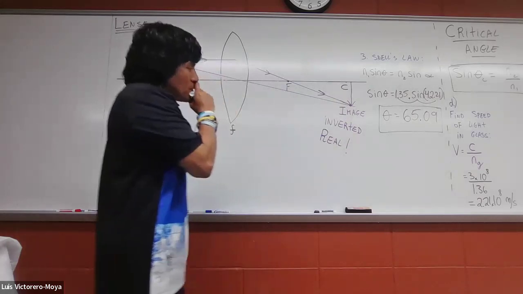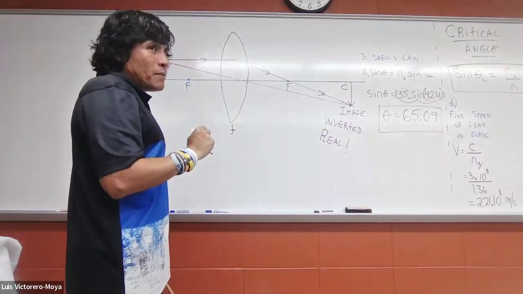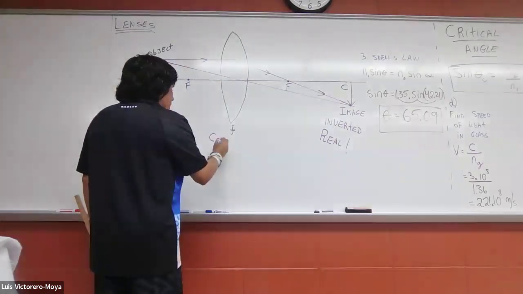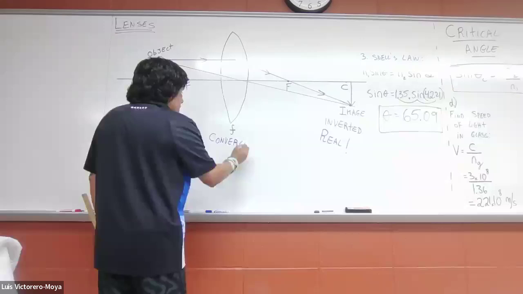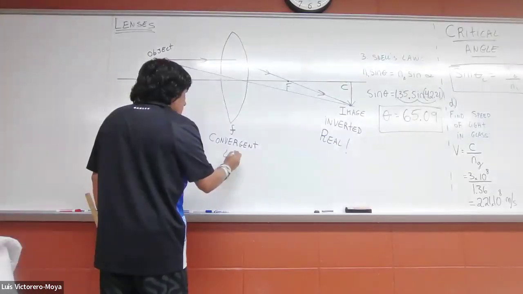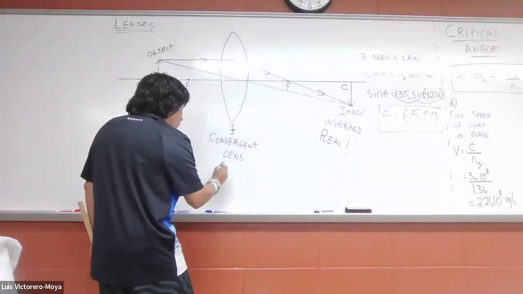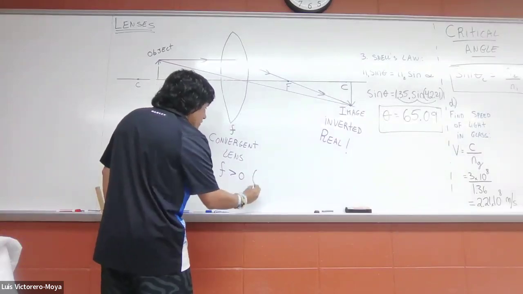That's a real image. So that changes a little bit, right, from what we talked about yesterday. That's because we're dealing with convergent lenses. So for a convergent lens, the focal length is positive always.